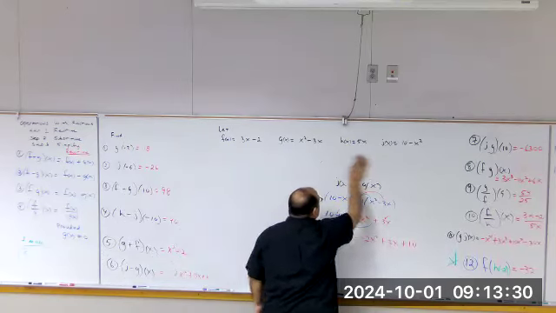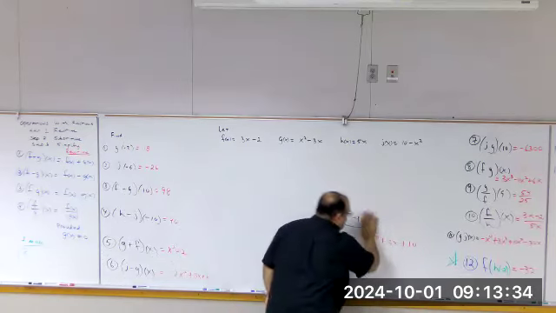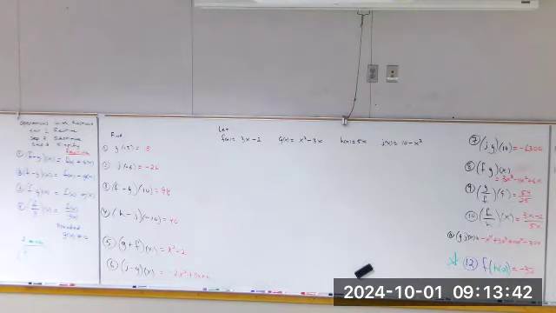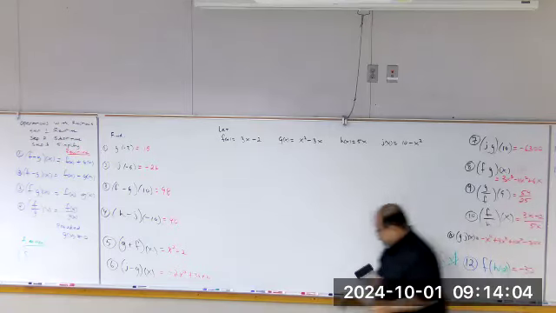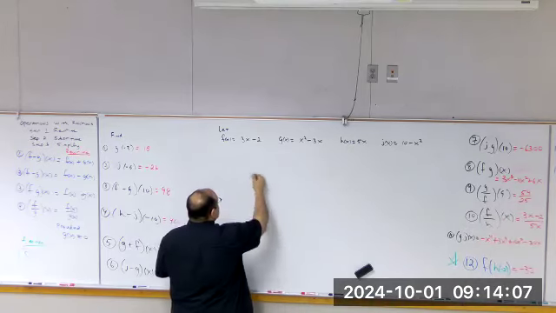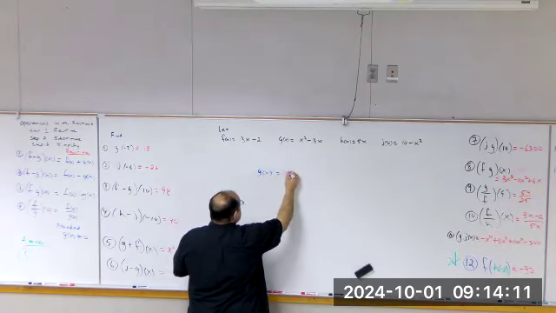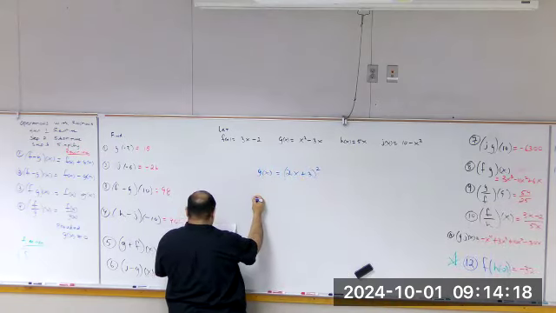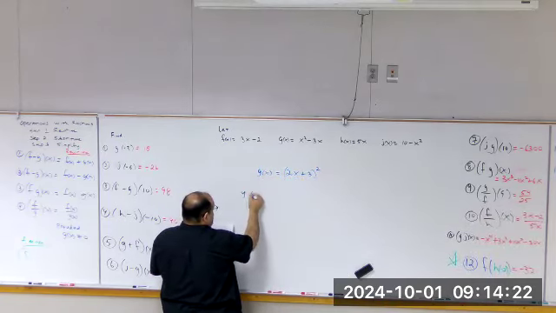I saw this on some of your quizzes. It was this quiz, the quiz where g of x was 2x plus 3 squared, and you had to do something like, what is g of 6?